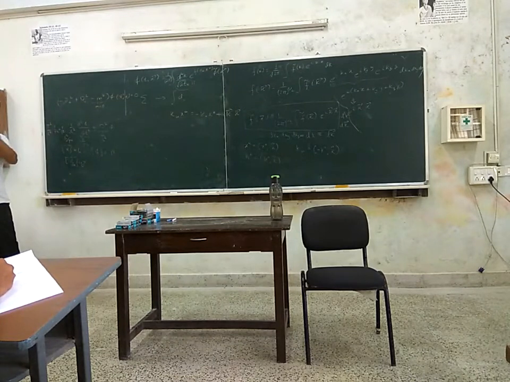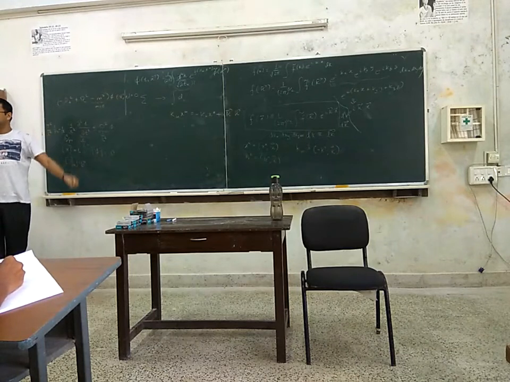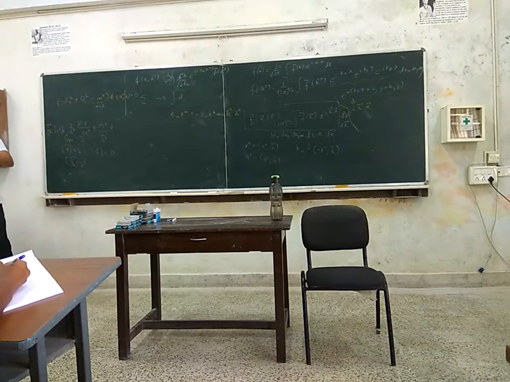It will go back and forth. Release it, and a wave will be generated. That wave will propagate through the medium with some speed. That speed is called the speed of sound.